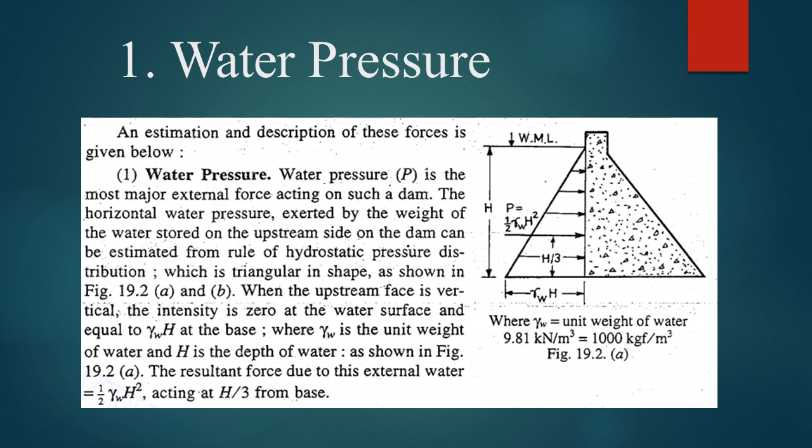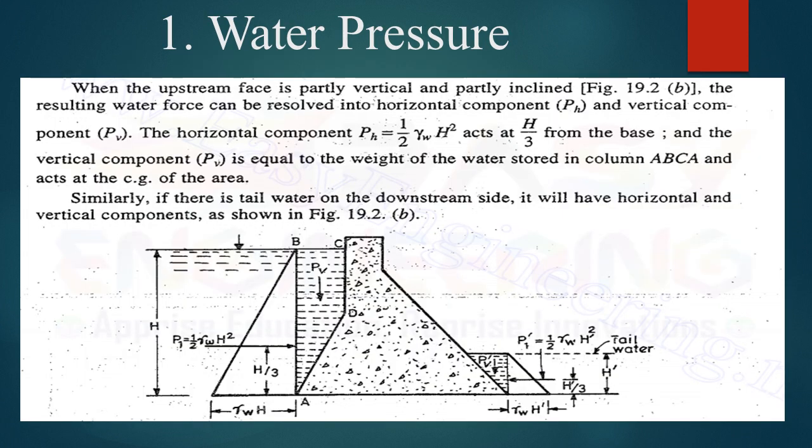The next type is the water pressure where the dam, as you can see, is situated in a slant or inclined way. In this case, how will you calculate the water pressure?